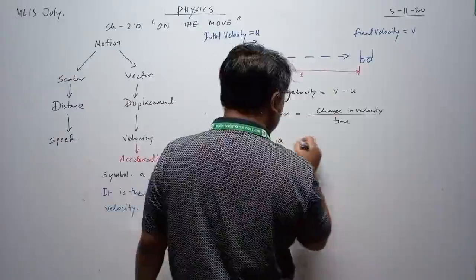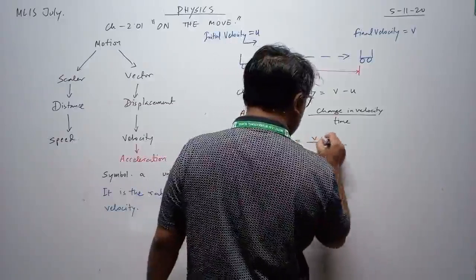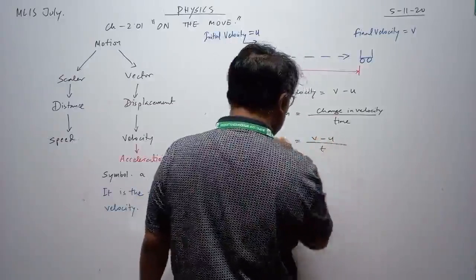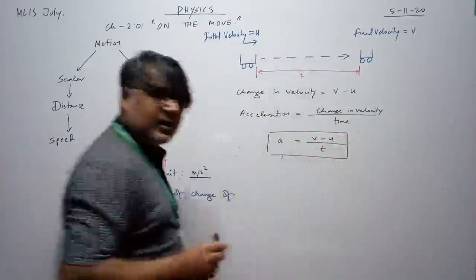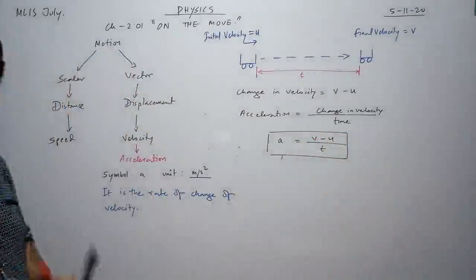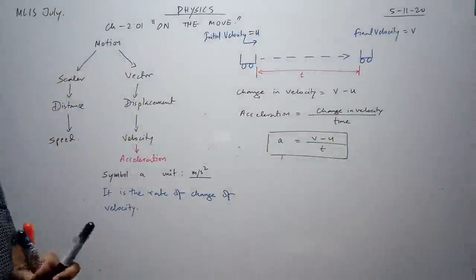So a equals v minus u by t. This is the formula that we're going to use to calculate acceleration.